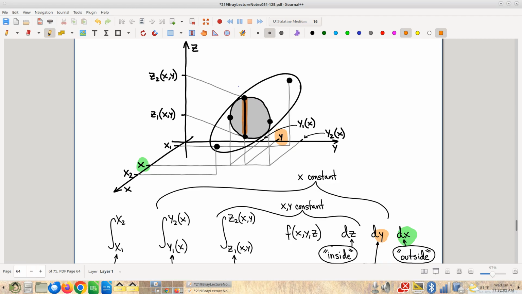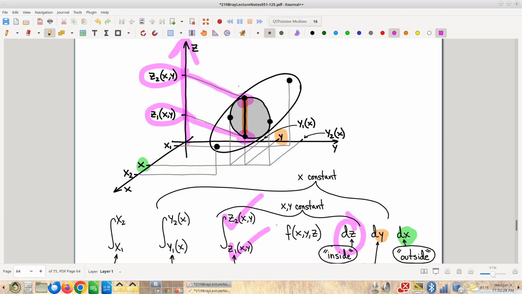And on that slice of our slice, we now want to know what's the range of values of z as I move along that slice as I move in the z direction. And you can see there's going to be a starting z and there's going to be an ending z. And those are going to be our inside bounds. And that's our iterated integral.